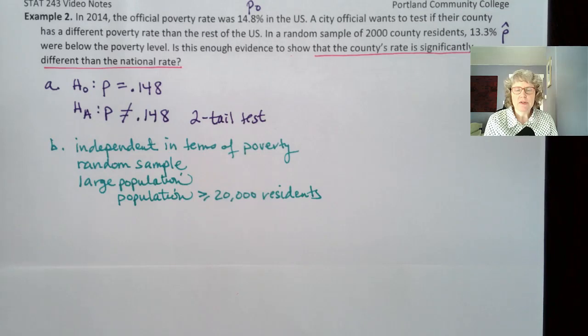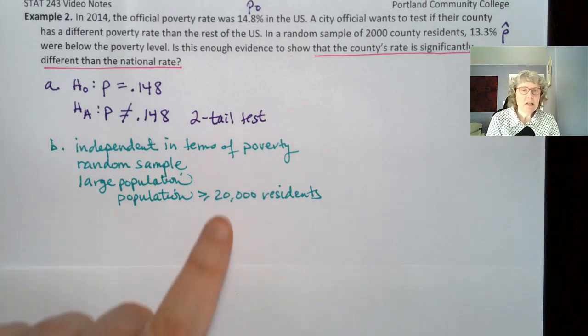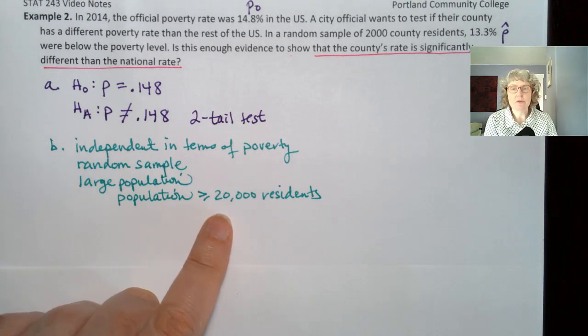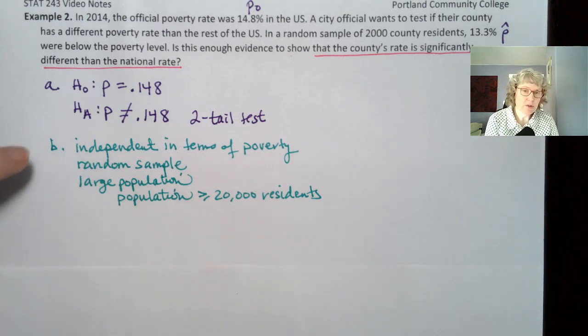We need to make sure this is the small bag of M&Ms versus large box of M&Ms. If we took 2,000 out, we need to make sure that it's a big enough box of M&Ms that it doesn't affect the probabilities. So we need at least 20,000 residents in the county. Otherwise, we couldn't use that large of a sample, and we wouldn't have independence.